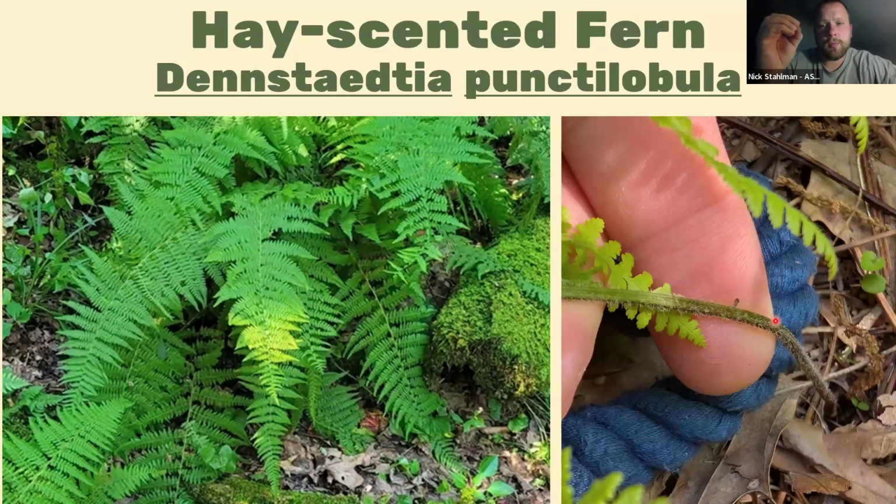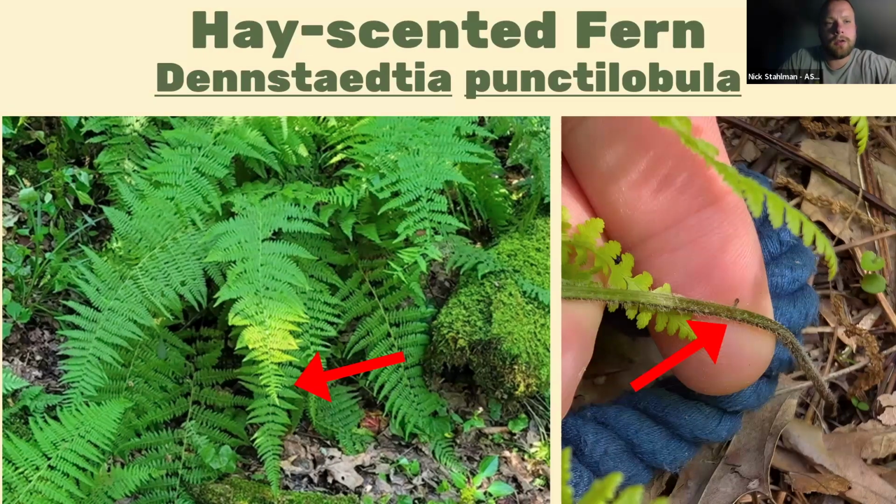So these somewhat sticky glandular hairs are all over the stipe and the rachis, and it does taper to that nice little point, but no scales, and it's just got that nice dark stipe base, but just above it, it will turn green. So tapered tip, bicolored stipe, and all those glandular hairs will help you identify hay-scented fern.